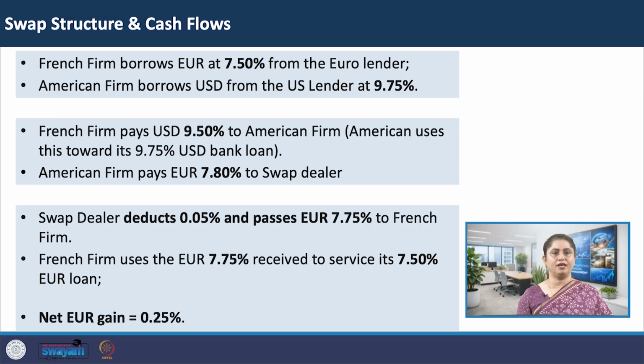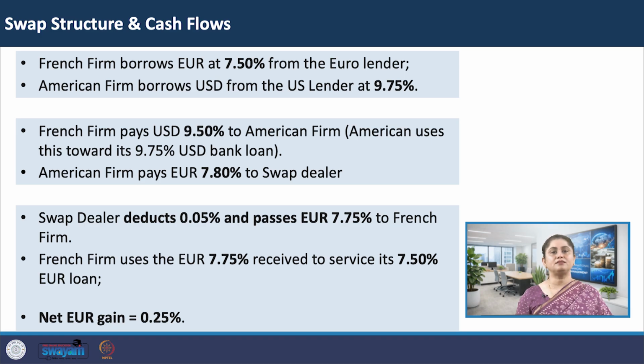Now, let us recapitulate again. The French firm borrows euro at 7.50% from the euro lender. The American firm borrows USD from the US lender at 9.75%. The French firm pays USD 9.50% to the American firm. The American firm uses this towards its 9.75% USD bank loan.